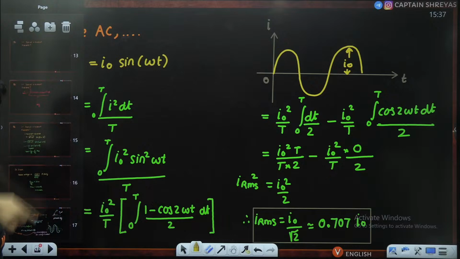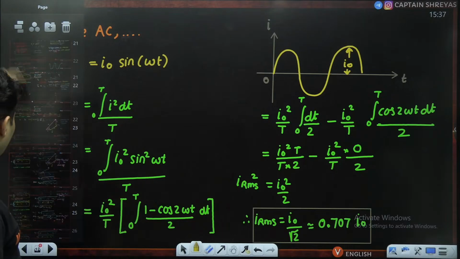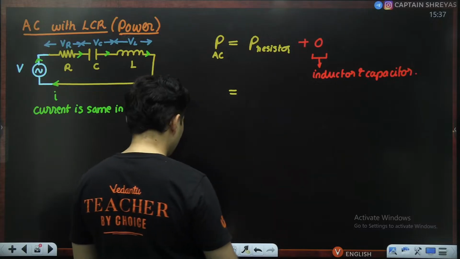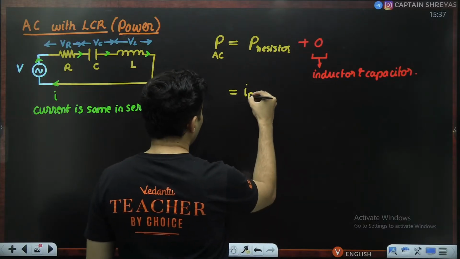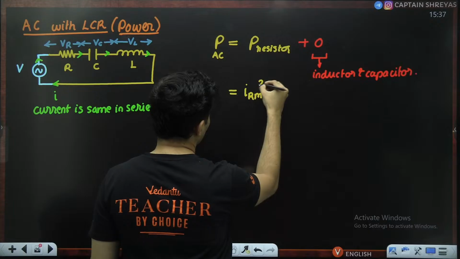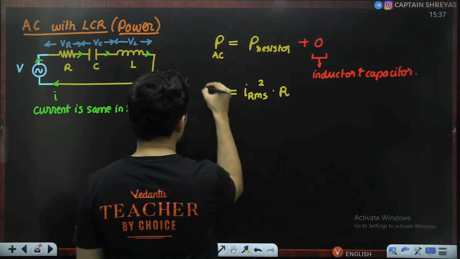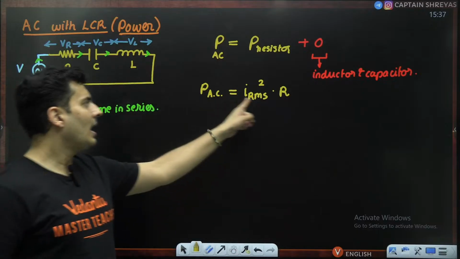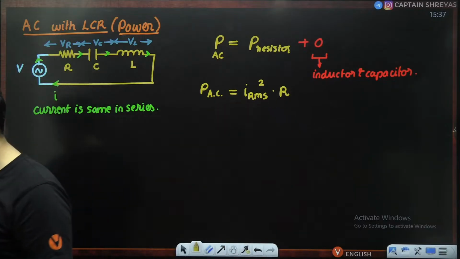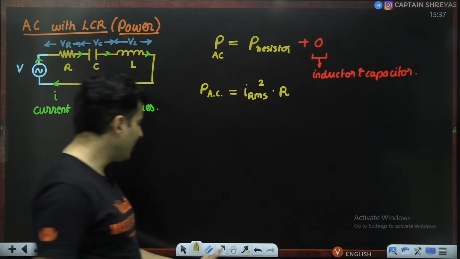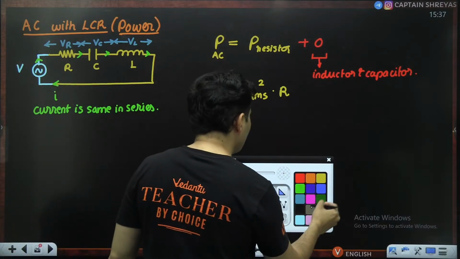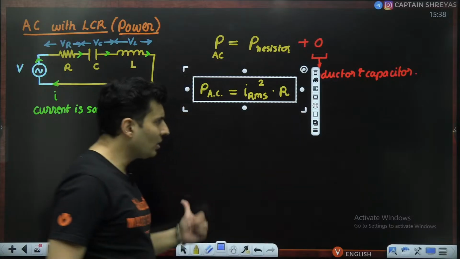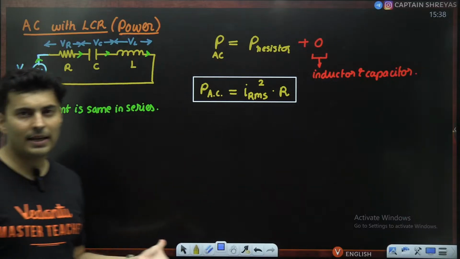So can I not just say the power loss across the resistor will be I RMS square into the resistance? So this is your power in the AC. Is this clear? I RMS square into the resistance. But then I might generally not have the RMS value of the current or the resistance directly.